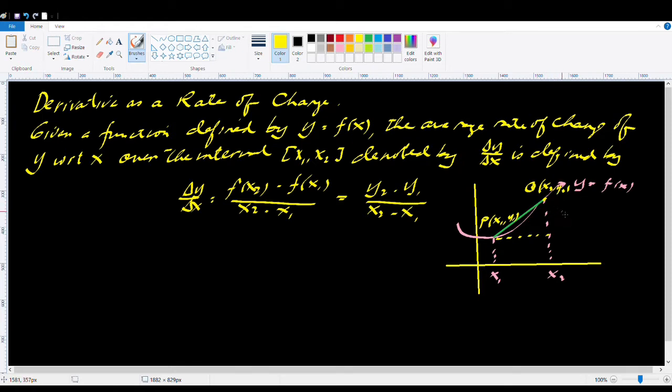The change in y is delta y, and the change in x is delta x. So the average rate of change of y with respect to x over the interval x1, x2, which is equal to the change in y over the change in x, is simply the slope of the line connecting points P and Q.